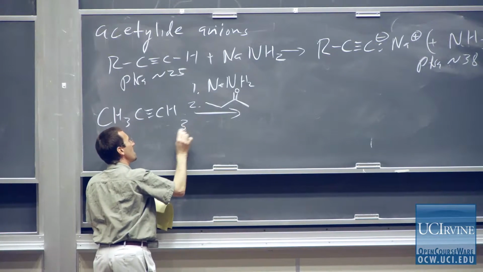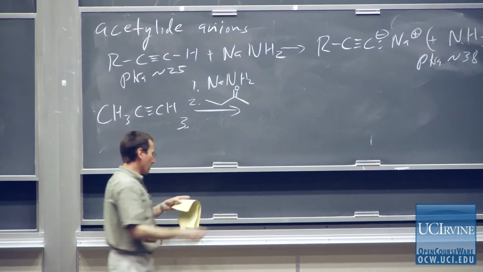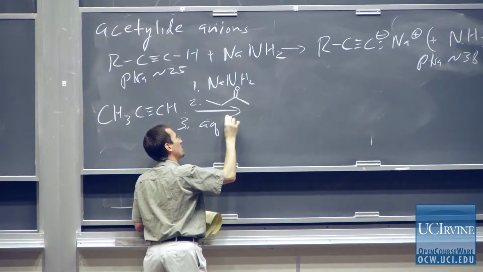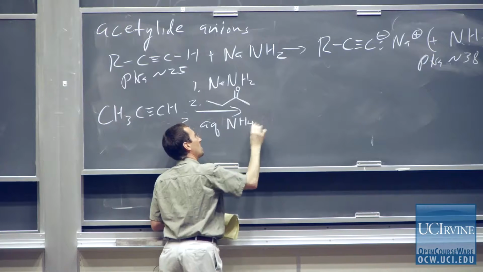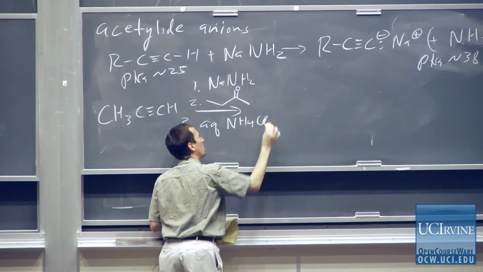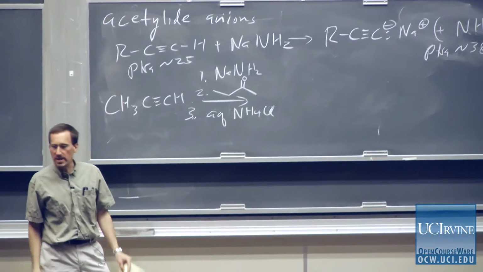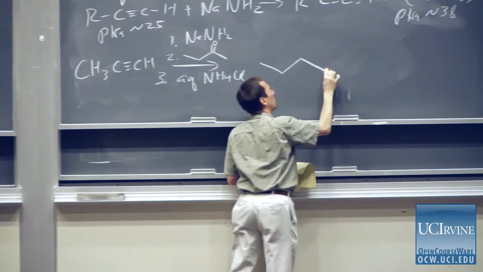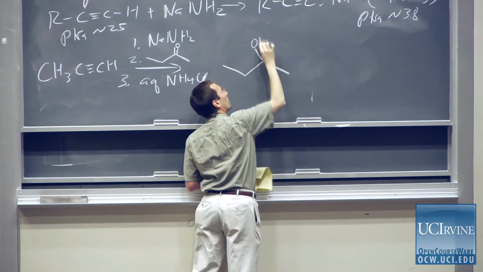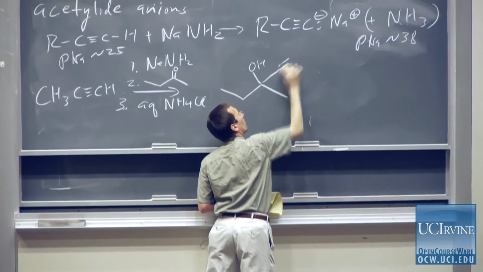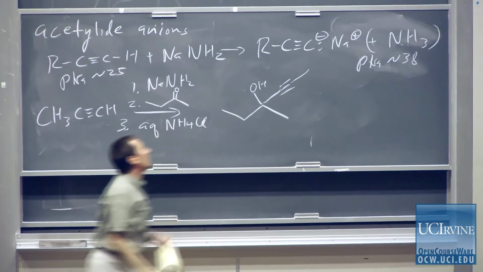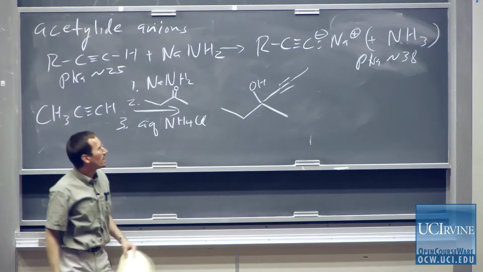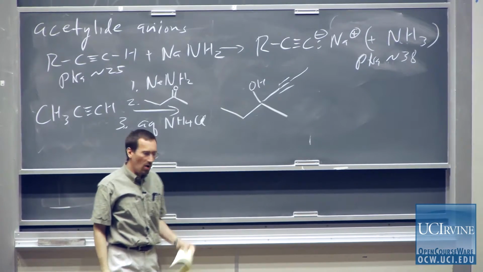And then since I mentioned that I like aqueous ammonium chloride as a source of acid for a workup, I'll just demonstrate what I would do in my own laboratory, which is to use aqueous ammonium chloride. And the product of this reaction is this. It is the alkyne with the alcohol.